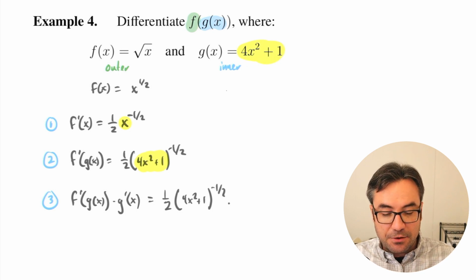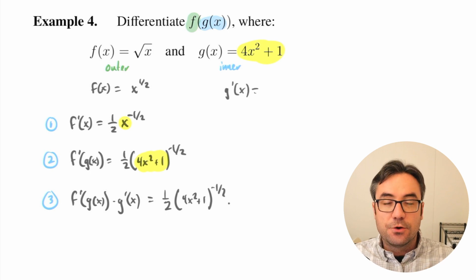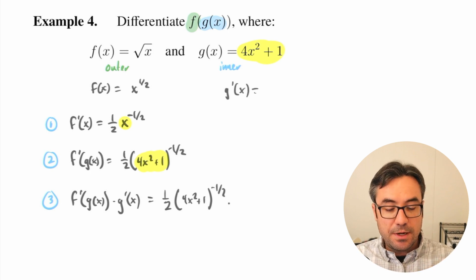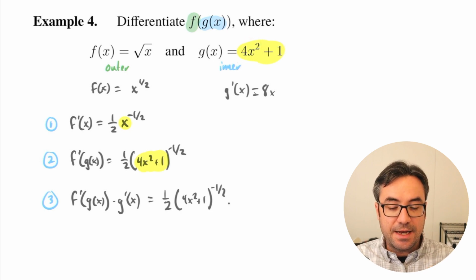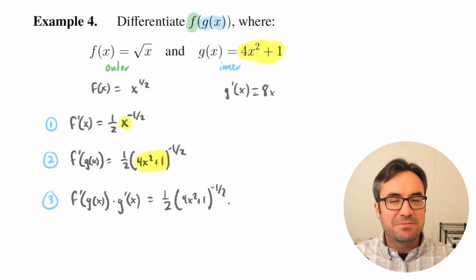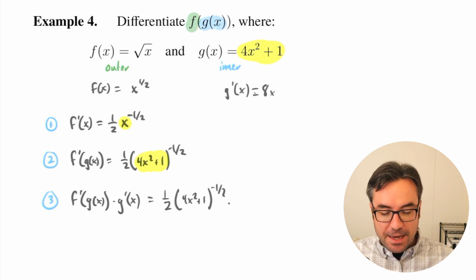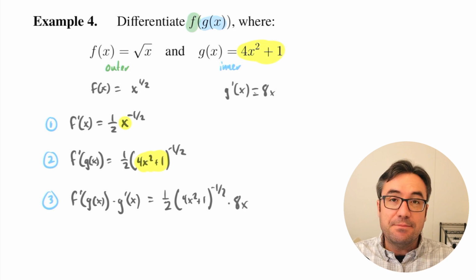So let's calculate that out real quick. Derivative of 4x squared plus 1 is 8x. The plus 1, a constant all by itself, differentiates to 0. So that's what we're going to fill in down here. We're going to multiply this result by 8x.